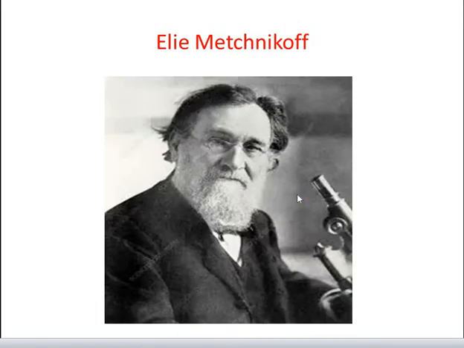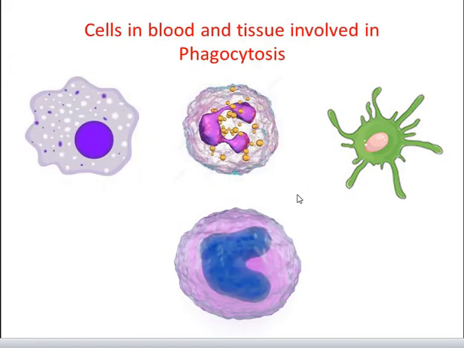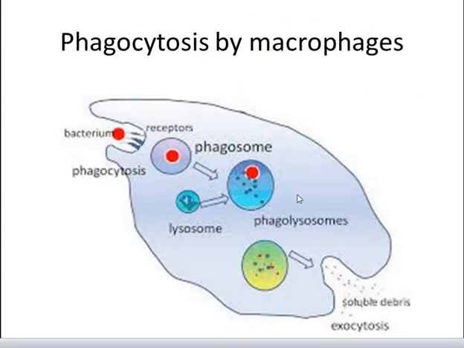Ilya Mechnikov initially described the process of phagocytosis in 1880 using cells from starfish, which belongs to echinoderm invertebrates, similar to vertebrate white blood cells, and ascribed phagocytosis a major role in immunity. Most tissues contain resident populations of macrophages that function as sentinels for the innate immune system.